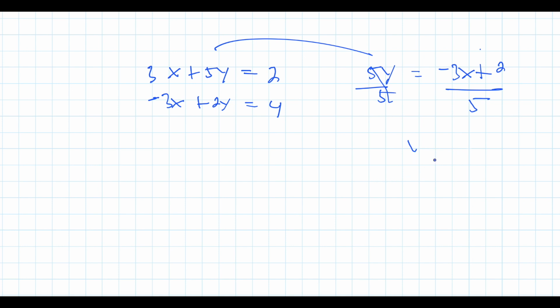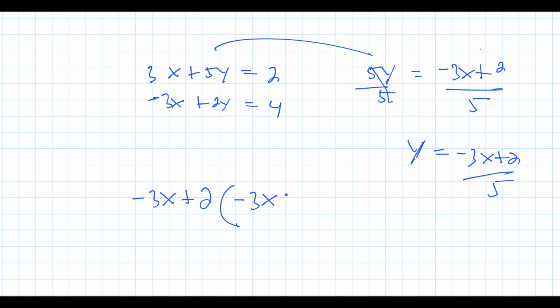Here's the negative 3x plus 2 over 5. All right, and you plug it in where? To the other equation's y. Good. So negative 3x plus 2 times parentheses negative 3x plus 2 over 5 close parentheses.